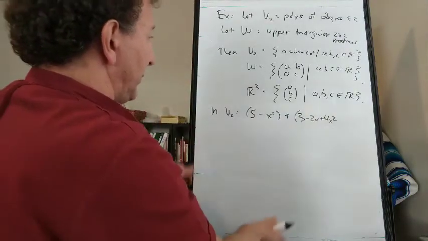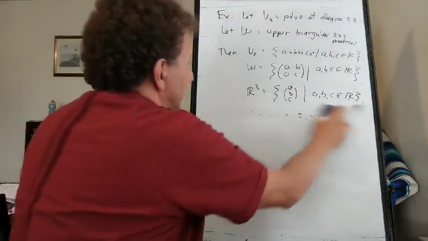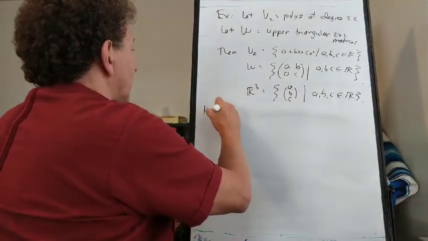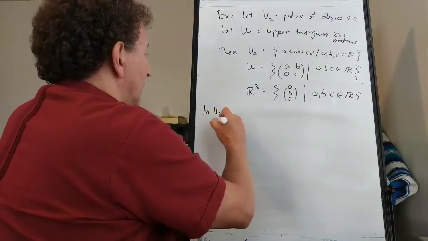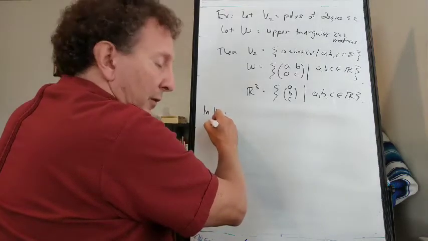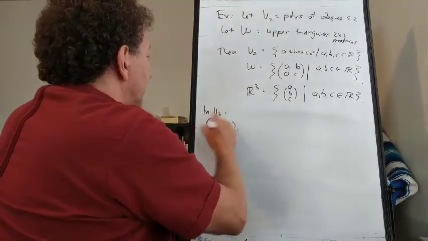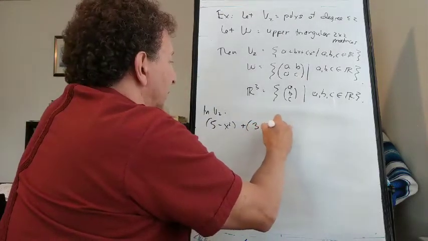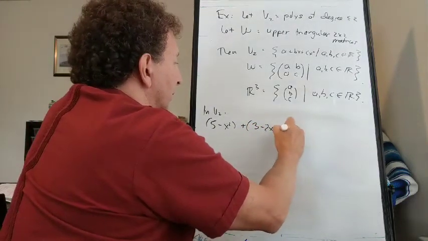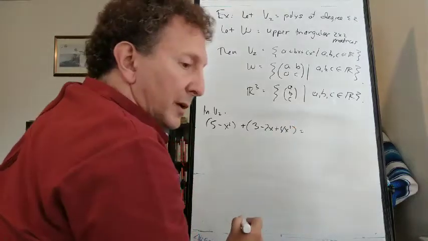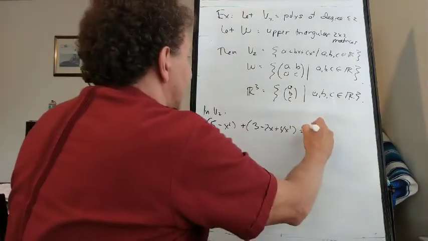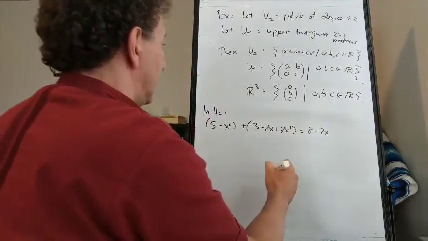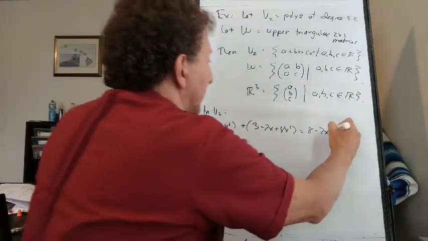Let me move this over so I have more room. So 5 minus x squared plus 3 minus 2x plus 4x squared equals 8 minus 2x plus 3x squared.